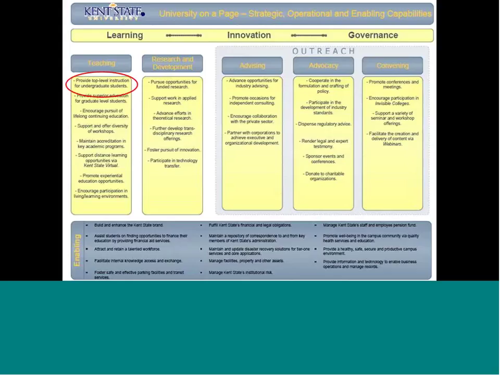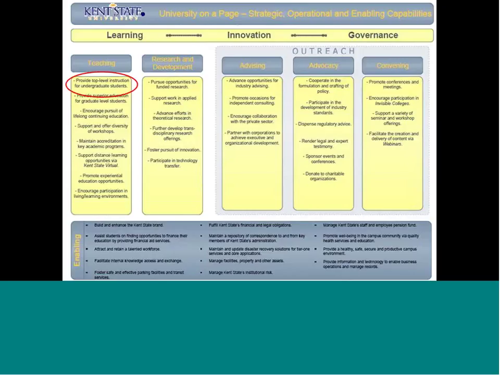At the bottom of the page, you can see some enabling capabilities. Enabling capabilities are pretty standard across most organizations. And we would essentially see marketing, build and enhance the Kent State brand. We would see financial aid services, so this might not be for all organizations, but attract and retain a talented workforce. This essentially translates to HR.